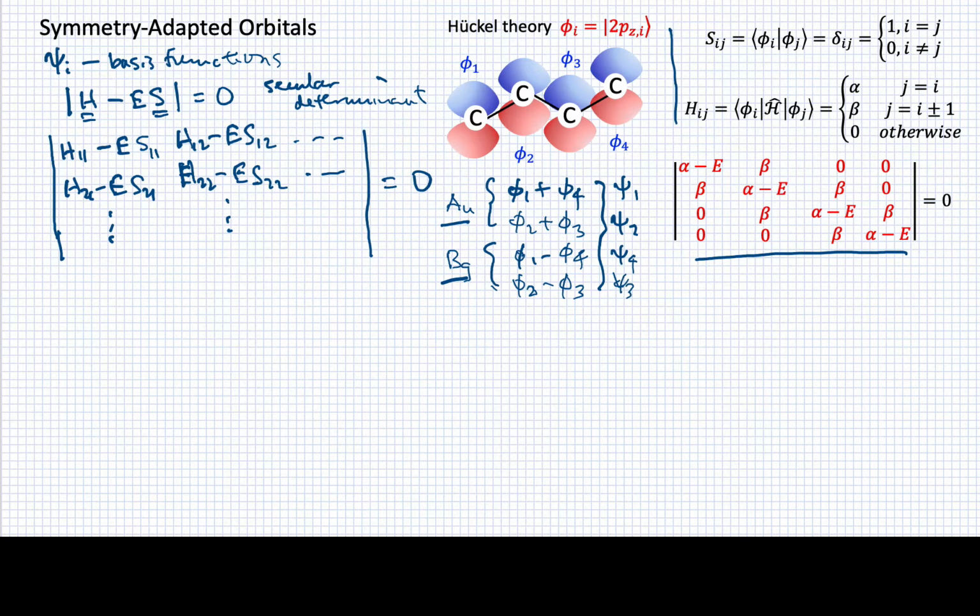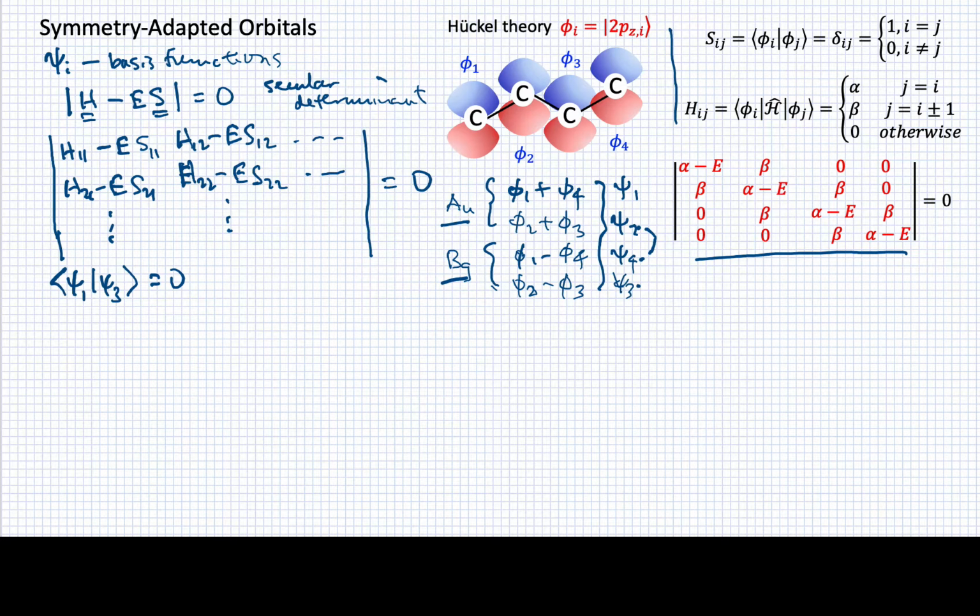So what does that mean for the form of the secular determinant? Well, if I know that, for example, the integral of psi1 with psi3 is equal to 0 because they're of different symmetry, that means also psi1, psi4 will be 0, psi2, psi3 will be 0, and psi2, psi4 will be 0.